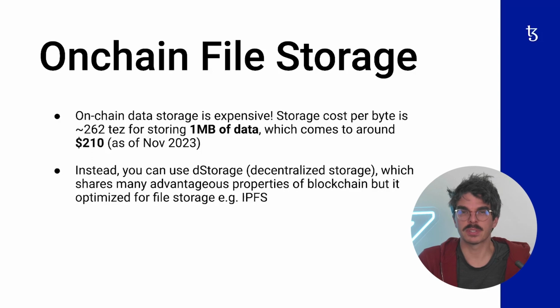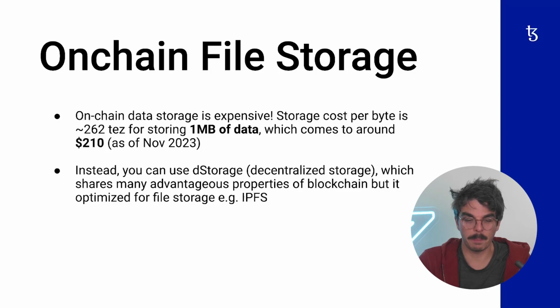So for many dApps, we will need to store some data. That might be an image, that might be some metadata to do with FA2 tokens, or it could be anything else. Now, our first option would be to store this data on chain. It seems like the natural place to store anything to do with our dApp. However, as the slide says, on-chain data storage is very expensive.